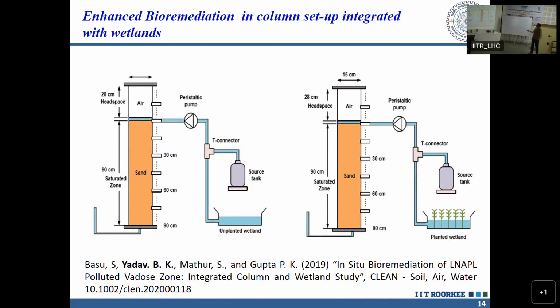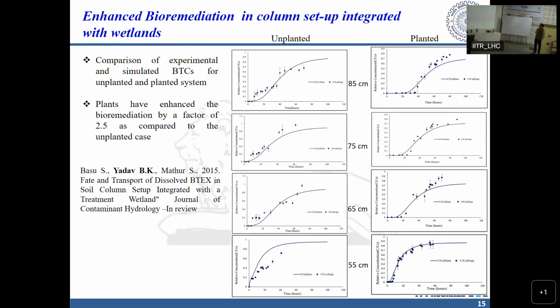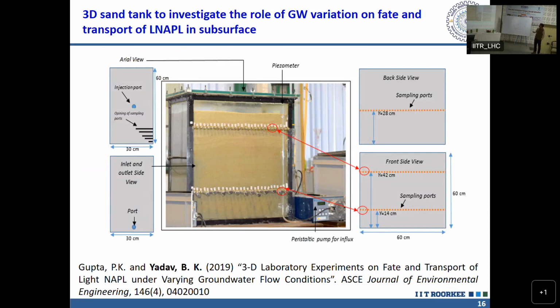So when the contaminant is released at the surface or below the surface, it starts moving through this unsaturated zone, and the fate and transport mechanisms can be investigated by collecting periodic samples and preparing breakthrough curves from the pollutant concentration obtained at different depths of the soil. These are some observed as well as simulated results.